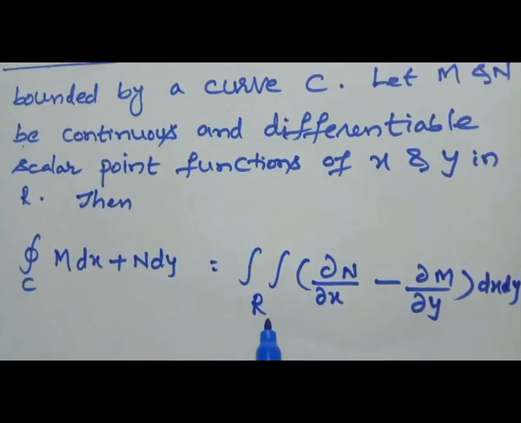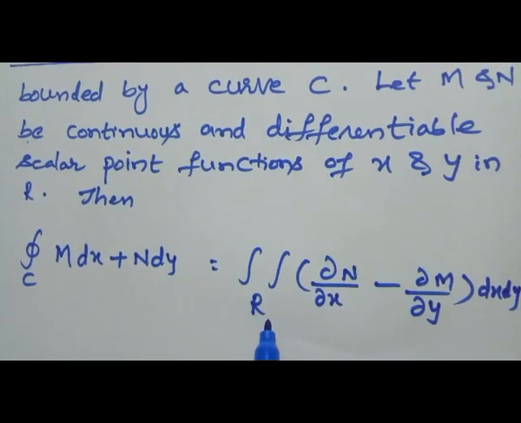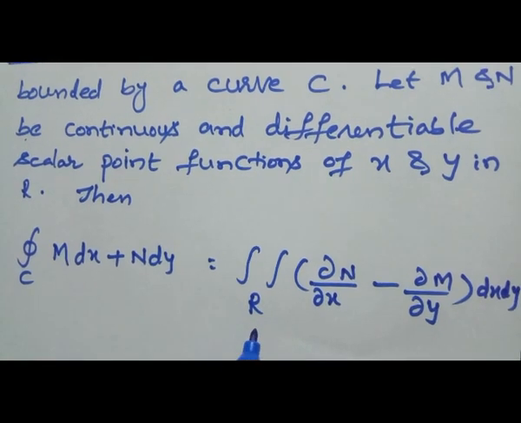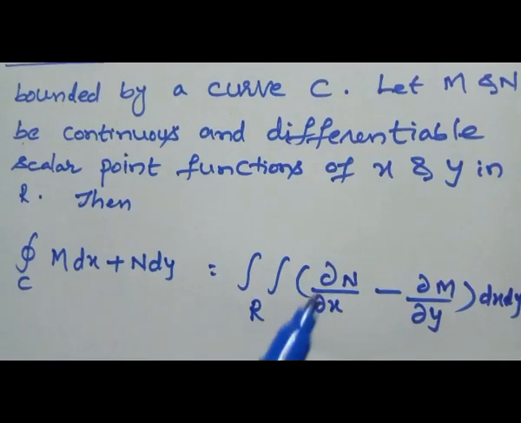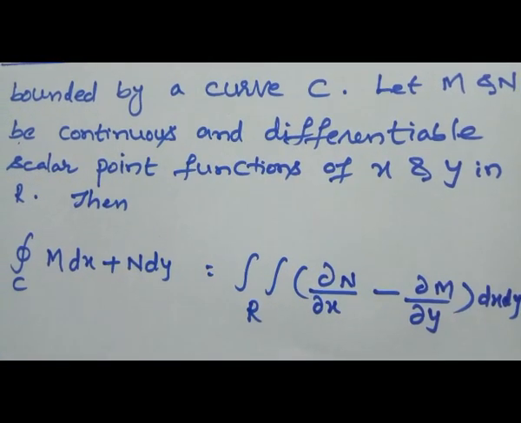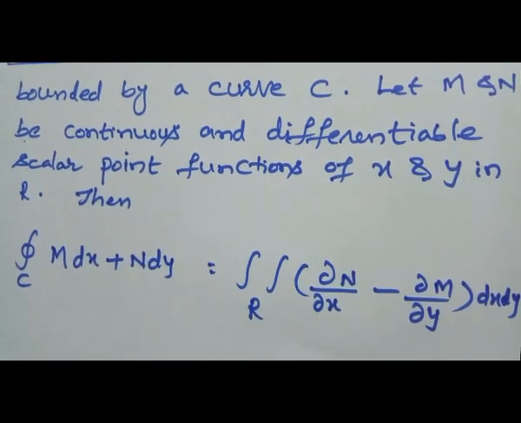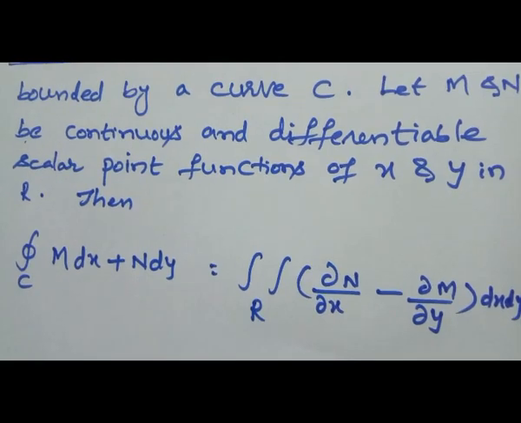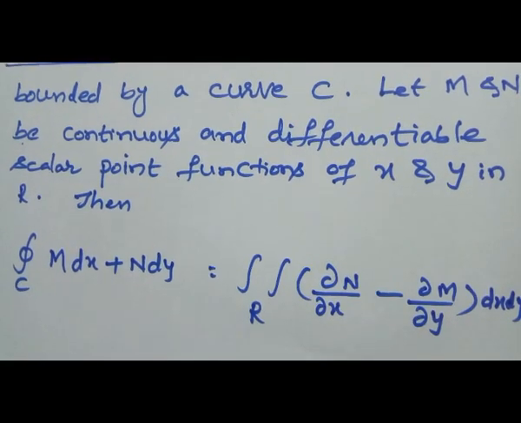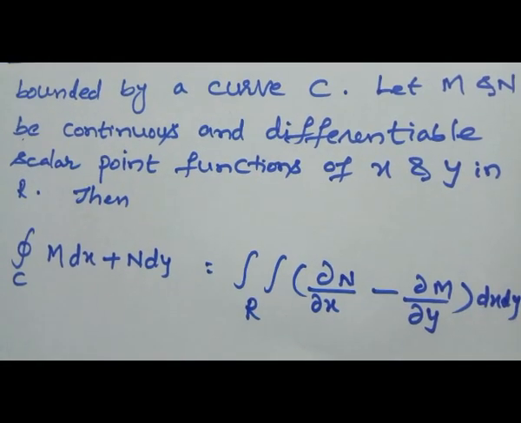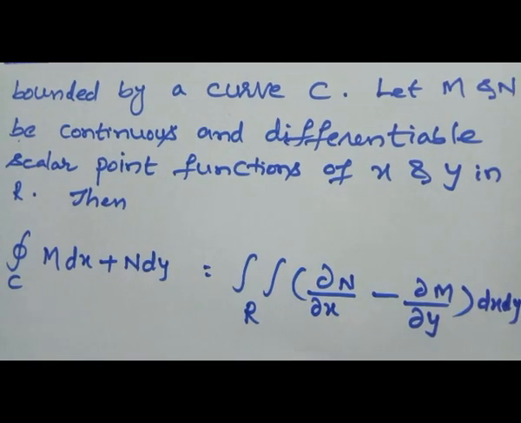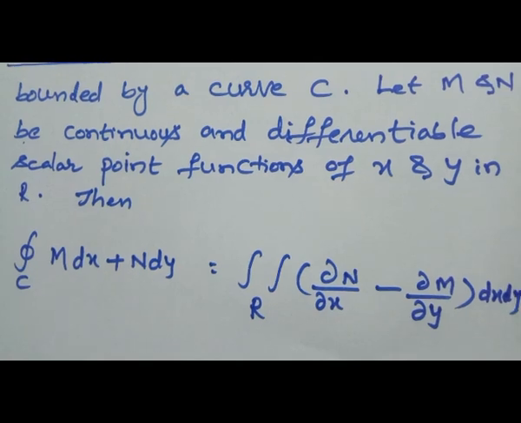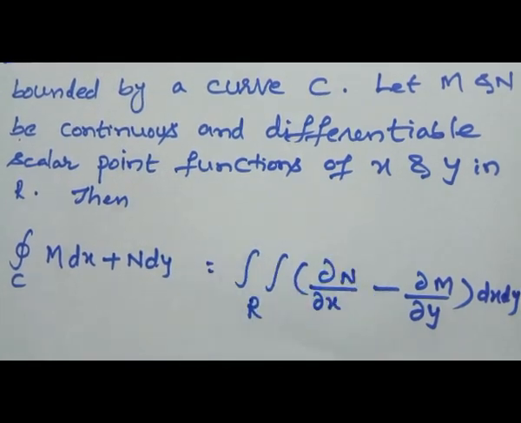Here R is the closed region which is bounded by a curve C, and M and N are functions of x and y. These two functions are continuous and differentiable functions defined in the region R and also in the xy plane, because they are functions of x and y.